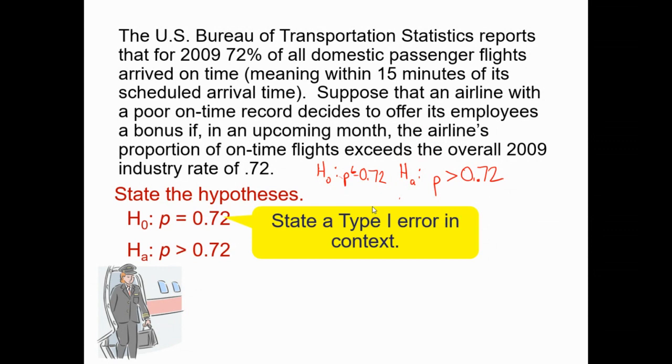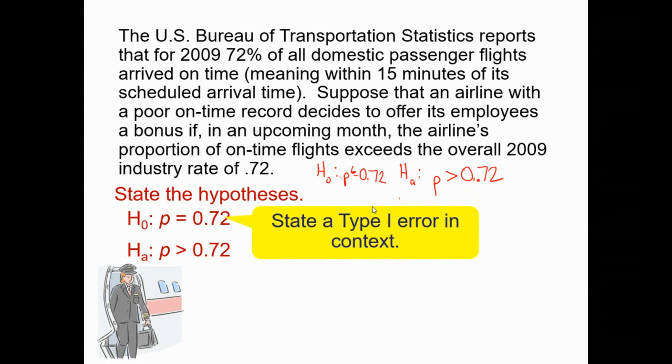What would a type 1 error be in this context? The study reports that p is greater than 0.72, but it isn't. That's right.